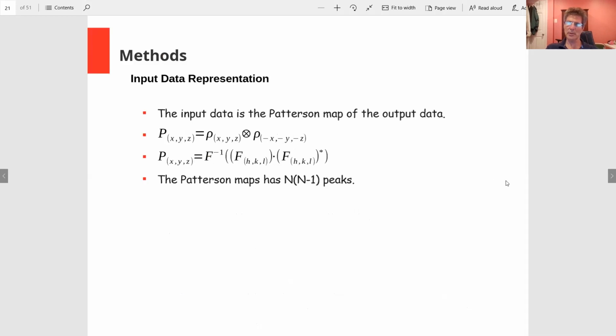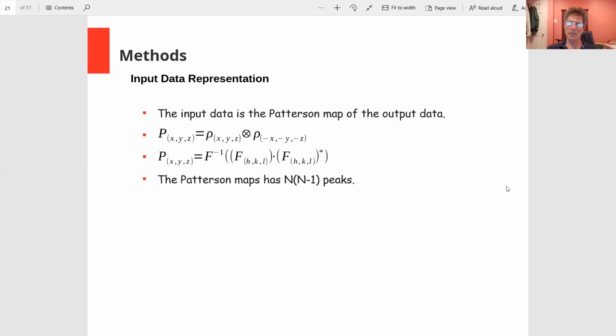So now the input data representation. Once the electron density map is calculated for the network output, then you can make a Patterson map from that density map. And it's pretty straightforward how to do it.